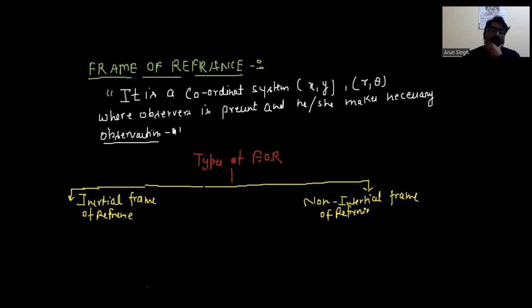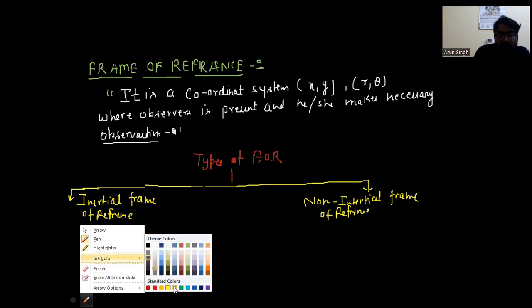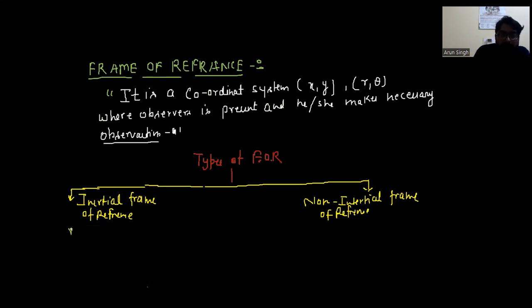First one is inertial frame of reference. So what is an inertial frame of reference? You can write here: the frame which is at rest.